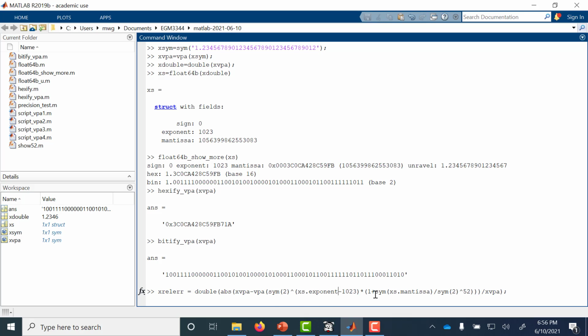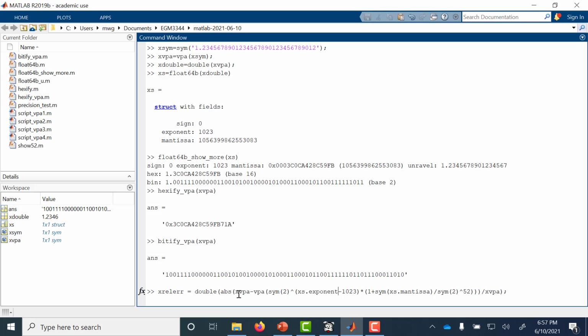Let's figure that out. So I've got 1 plus the mantissa divided by 2 to the 52. That takes care of the significand. And then I have the exponent minus 1023, and I'm using that to raise 2 to that power. And then I'm doing a VPA of all that. So that's the floated value right there.